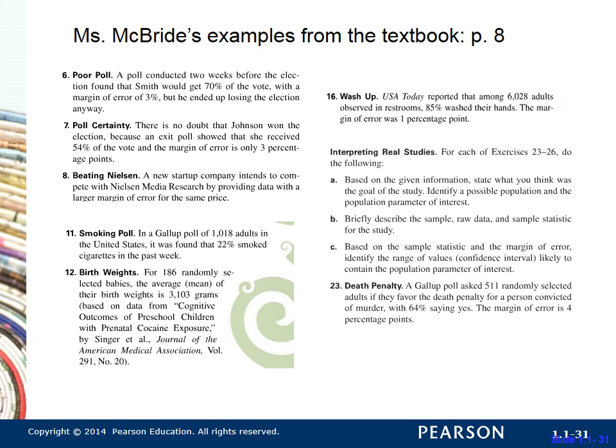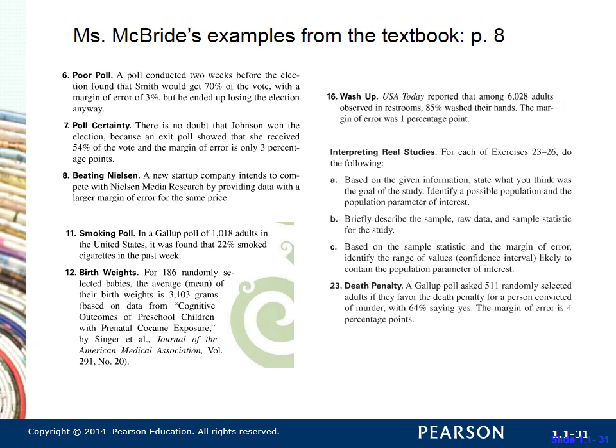Number 12, birth weights, same idea. So I know my sample is 186 selected babies. So my population would be babies. It doesn't say a country or anything, so we'll just say babies. They wanted to know the average mean of their birth weights.